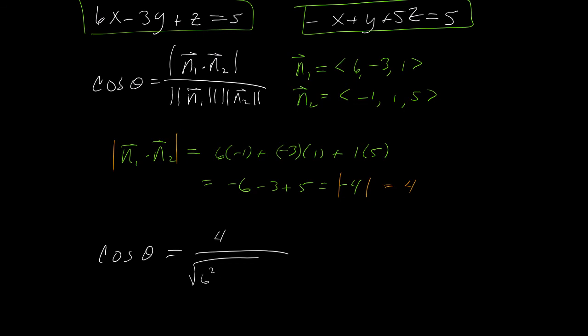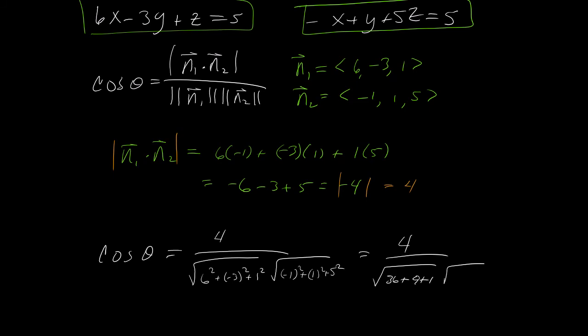So 6 squared plus negative 3 squared plus 1 squared, times the square root of negative 1 squared plus 1 squared plus 5 squared. So this is 4 over the square root of 36 plus 9 plus 1 times the square root of 1 plus 1 plus 5.